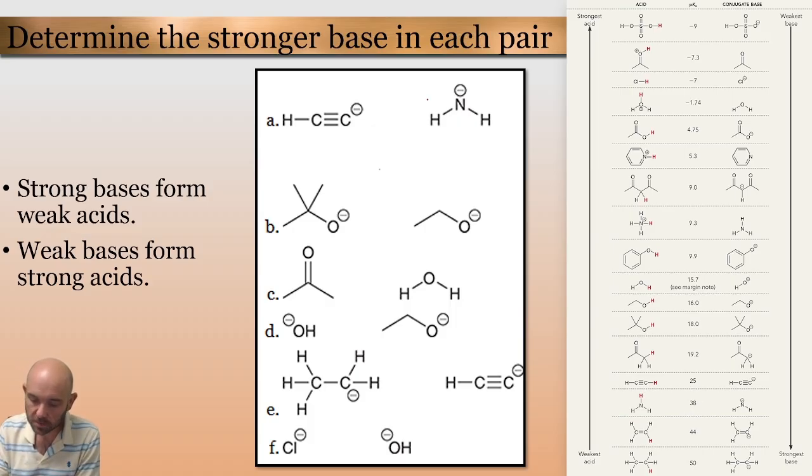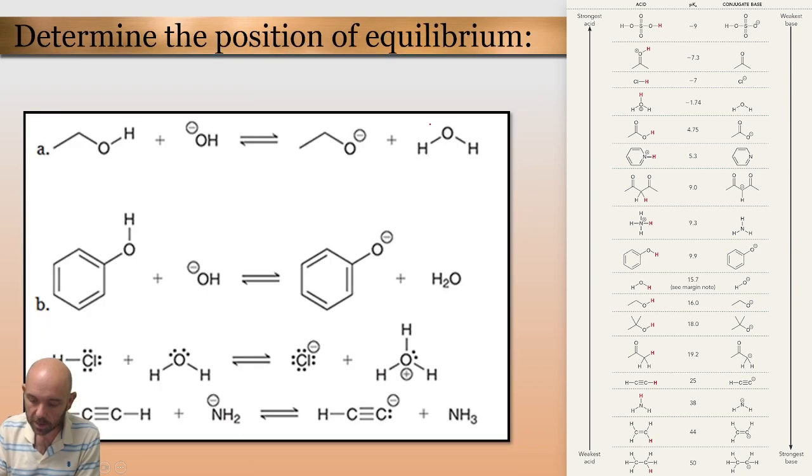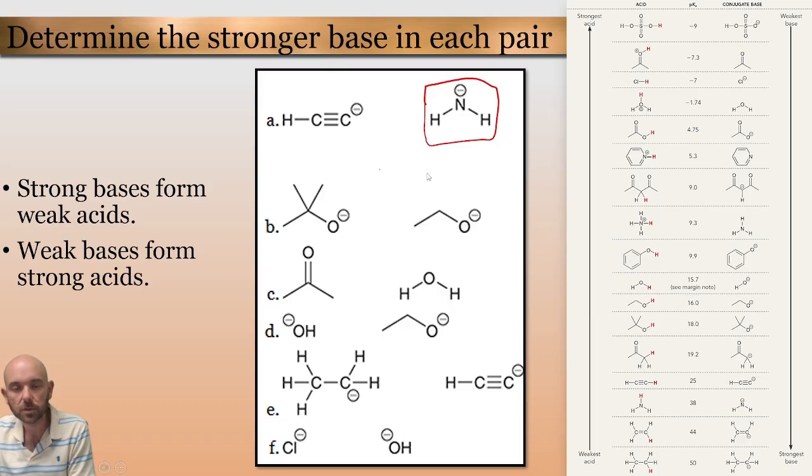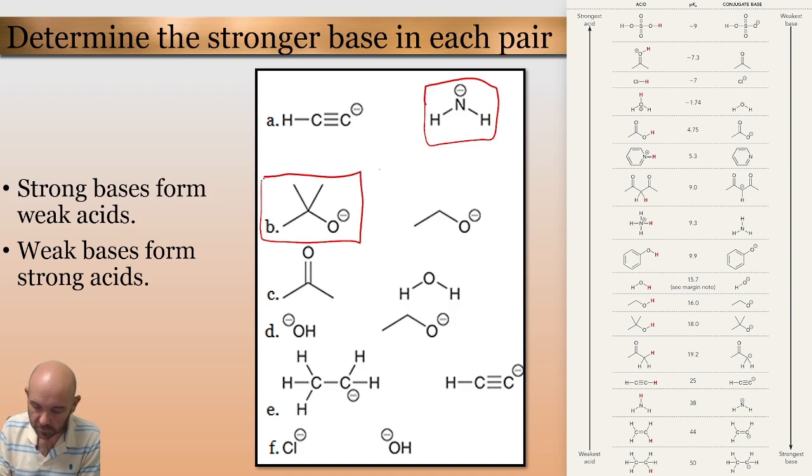So in this case, the amide ion is the stronger of the two bases. In the next case, our two bases can be found here on our pKa chart, and it looks like the branched version is further down the spectrum there to the strongest base side.